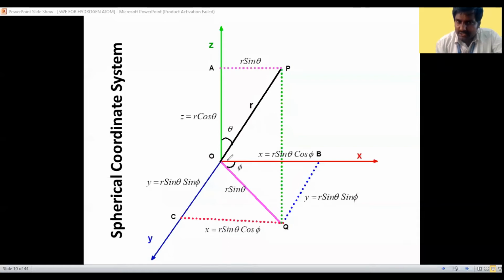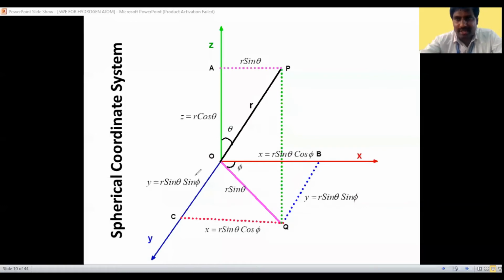OP is r, so based on r cos theta and this, OQ will be r sin theta. Based on this r sin theta, we can obtain x is equal to r sin theta cos phi and y is equal to r sin theta sin phi.